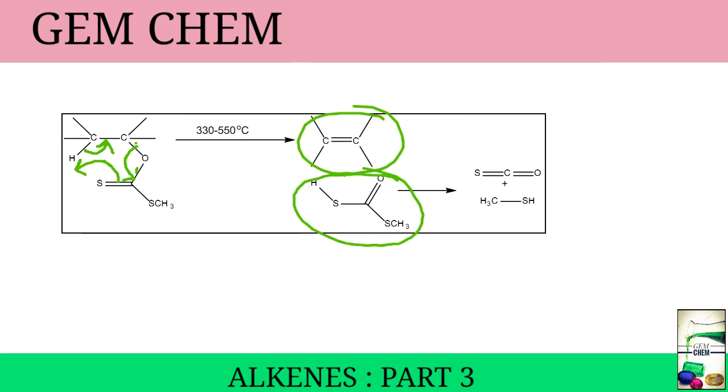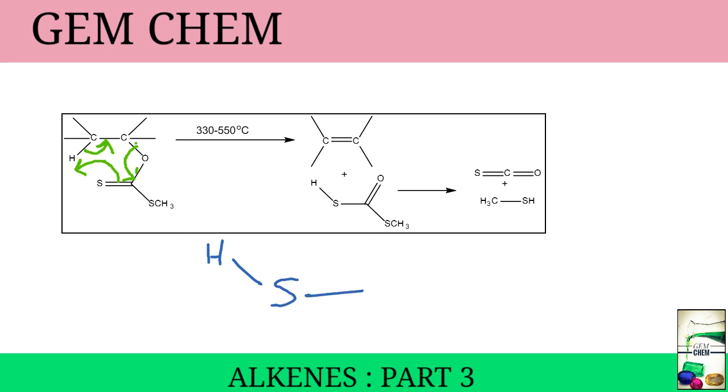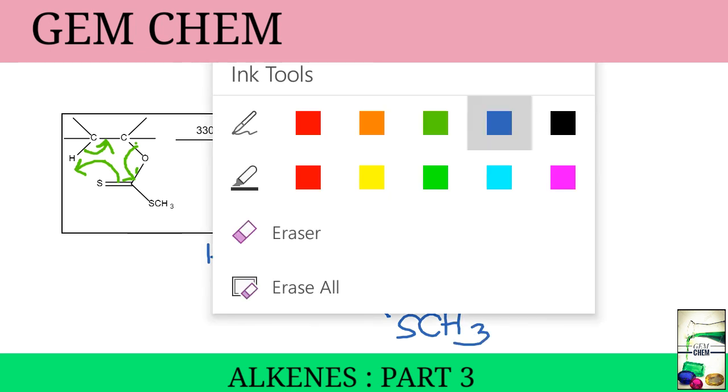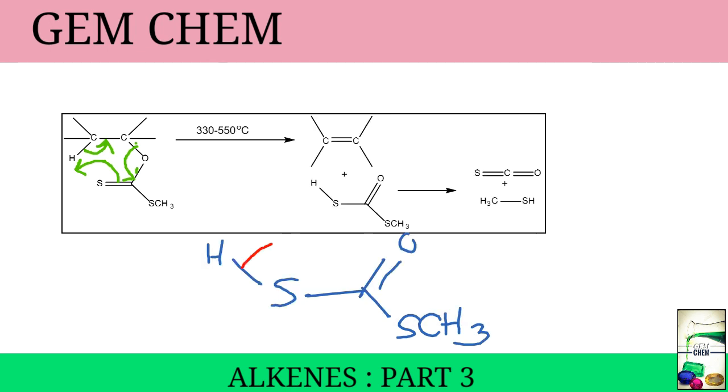Now we will see how the three products are generated. We have obtained this as our second byproduct, which previously was acid. This is now the byproduct. Here another elimination takes place, that is, this hydrogen is donated here and this SCH3 gets away.